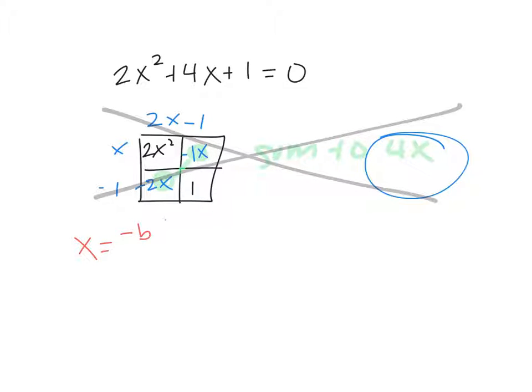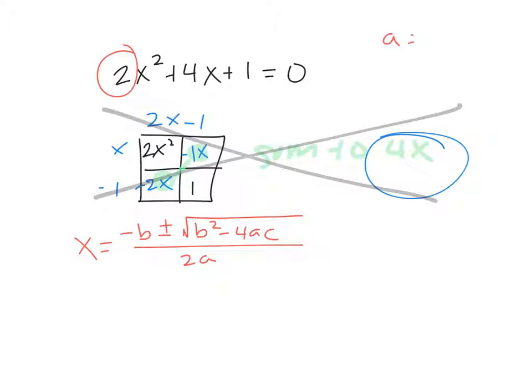So our quadratic formula we have here, and we know that it's opposite of b plus or minus the square root of b squared minus 4ac all over 2a. And we have to ask ourselves, what is a, b, and c? A is always going to be the coefficient of the x squared. B is always going to be the coefficient of the x.